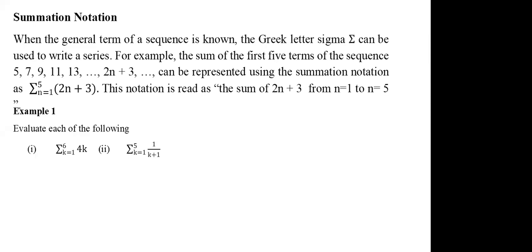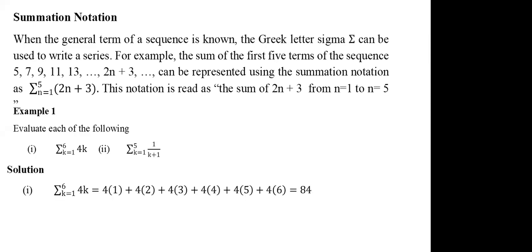If you add 4 plus 8 plus 12 and so on, it's just going to give us 4 times 1 plus 4 times 2 plus 4 times 3 plus 4 times 4 plus 4 times 5 plus 4 times 6, which is equal to 84. Do you understand it?